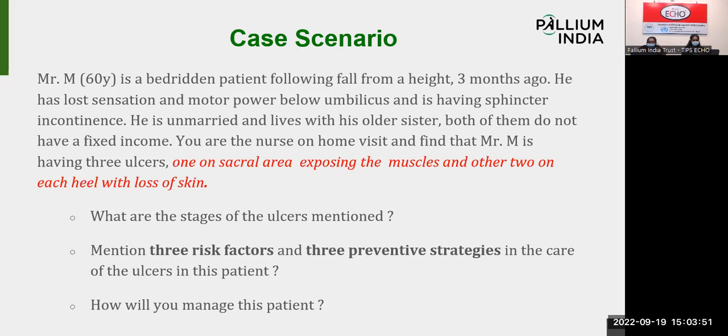So the first pressure sore is on the sacrum, and that is exposing the muscles. So what is the stage? Please unmute yourself and talk. We are all nurses. Anybody?